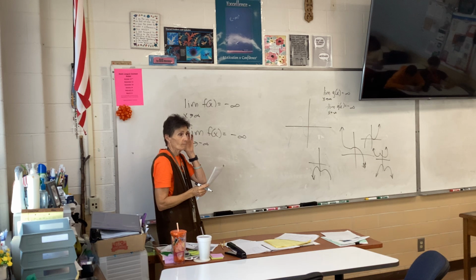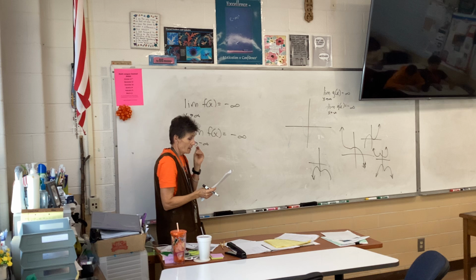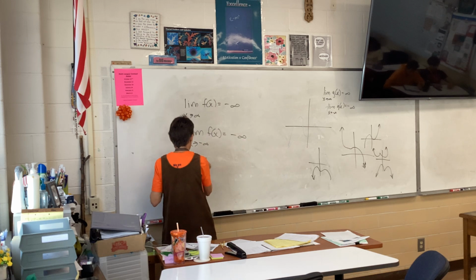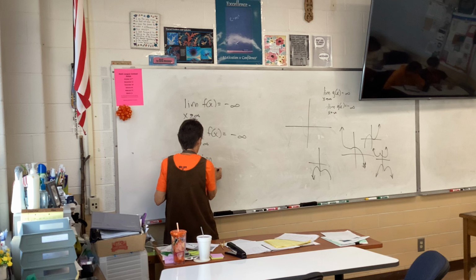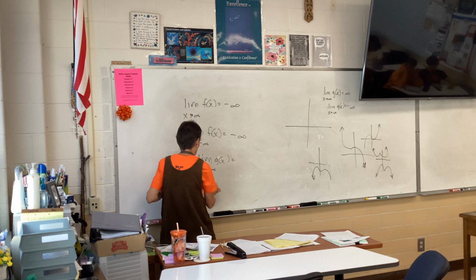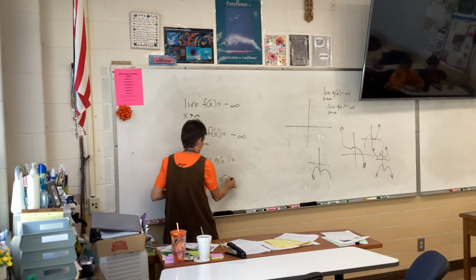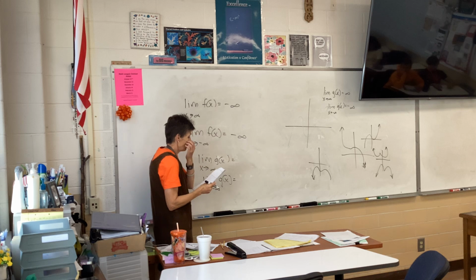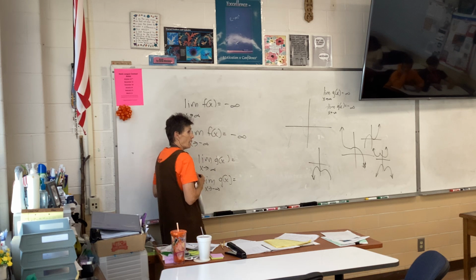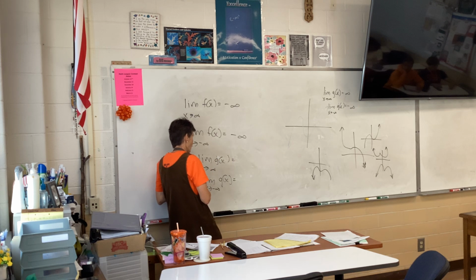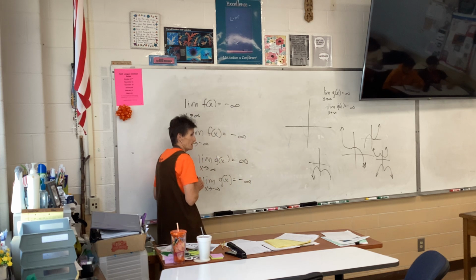Down, down, for negative even. Is that okay with everybody? And how about the other one? This one is an odd degree with a positive leading coefficient. So on the right side, it's up, and on the left side, it is down.